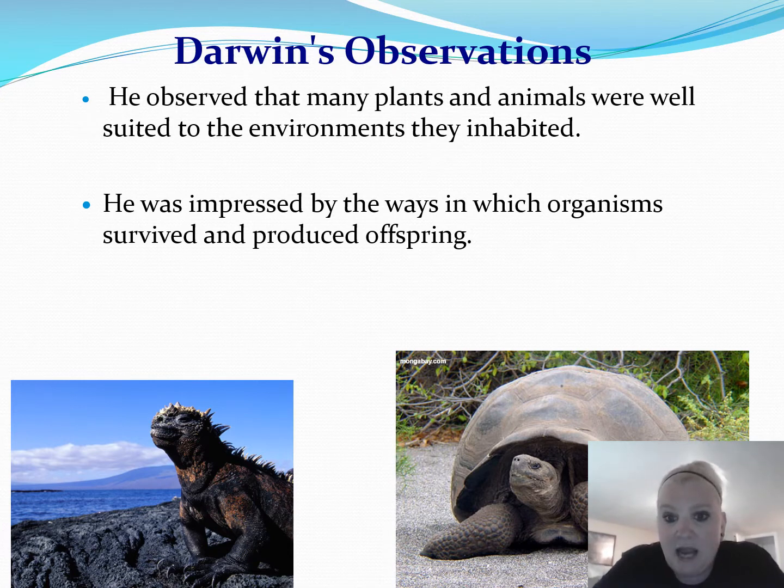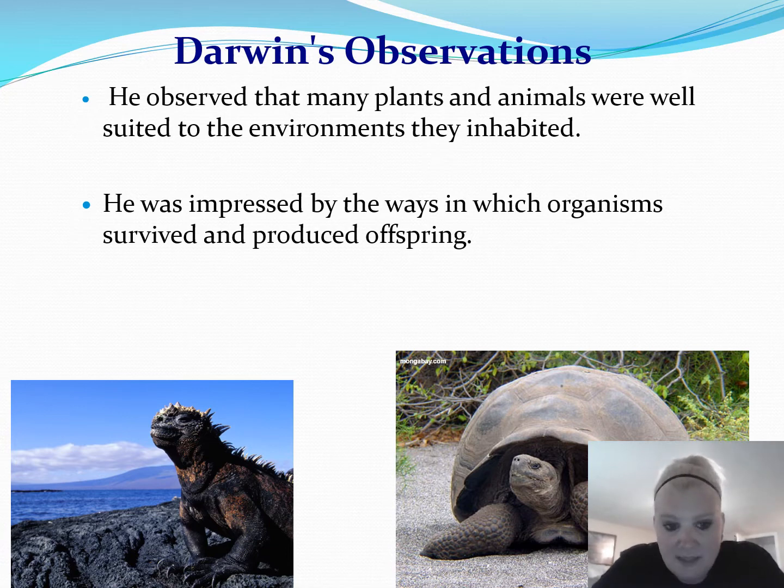And the idea behind that is that hopefully as many of those would survive as possible. But they lay so many because they know that predators might get them. With sea turtles, you know how they have to crawl to the ocean, and people might pick them up. In some countries, people actually dig up sea turtle eggs to eat them.